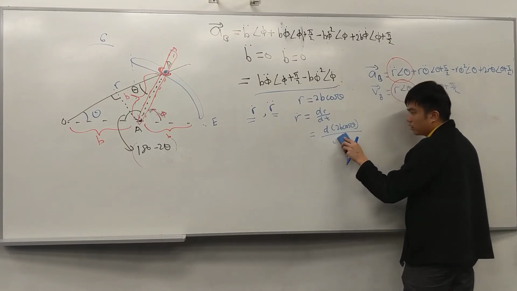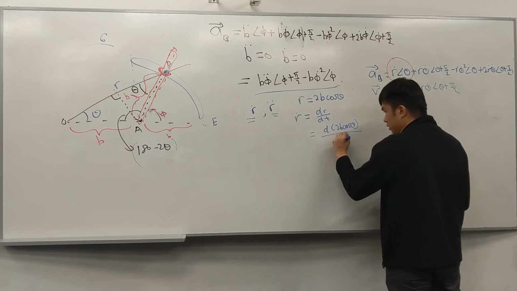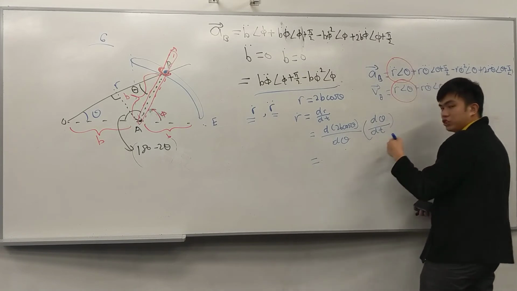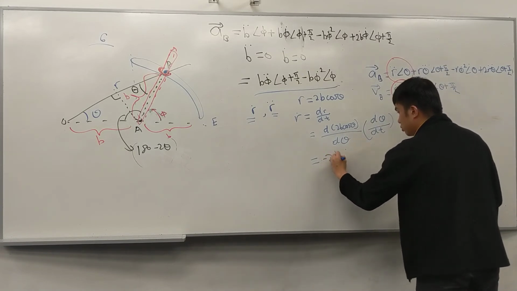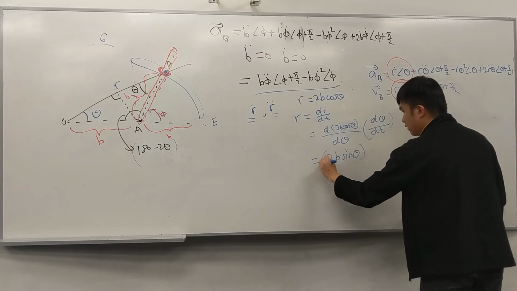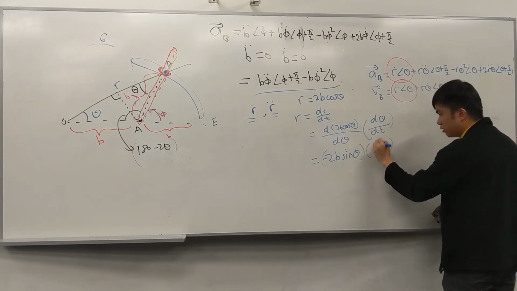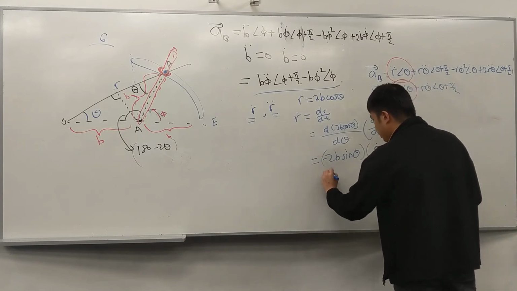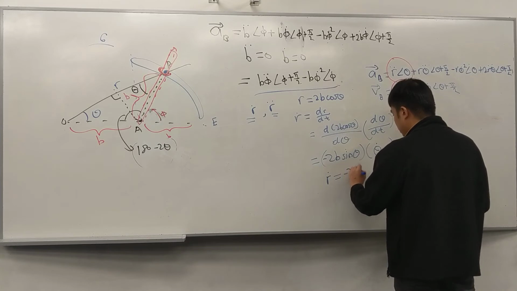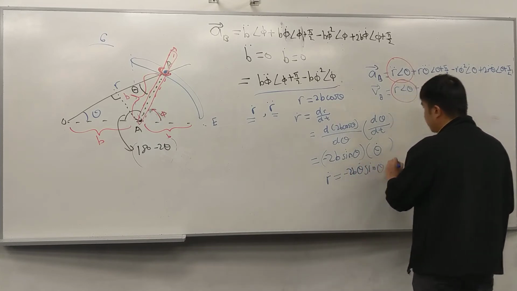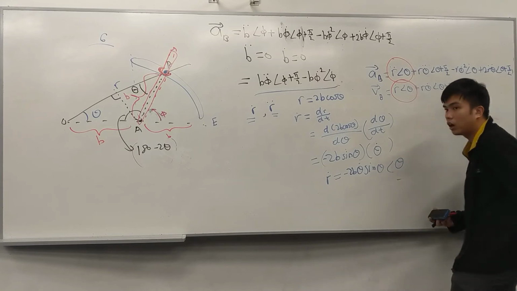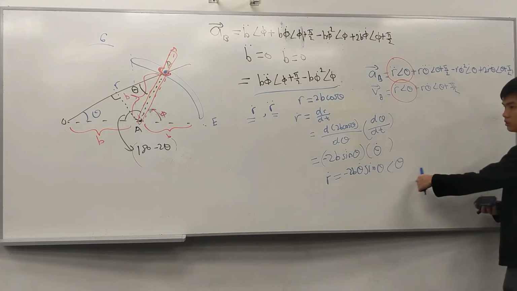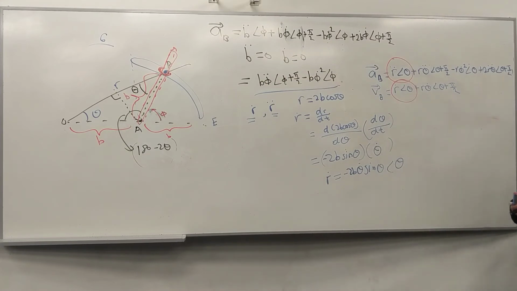What we can do is apply dR over d theta times d theta over dt. The differential of cos is negative sin theta, so we get negative 2b sin theta. This part, d theta over dt, is just equal to theta dot. Hence the relative velocity R dot is equal to negative 2b theta dot sin theta, in direction theta.